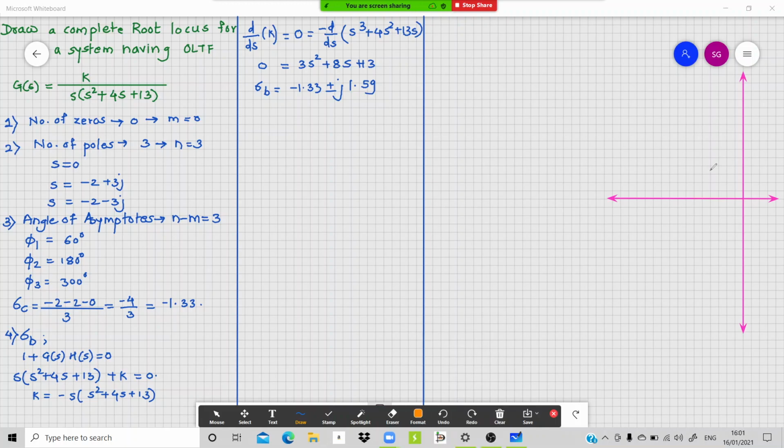So it is s is equal to 0, then minus 1, minus 2. So you are going to have over here one pole and over here one pole. Okay, so these are the three poles.